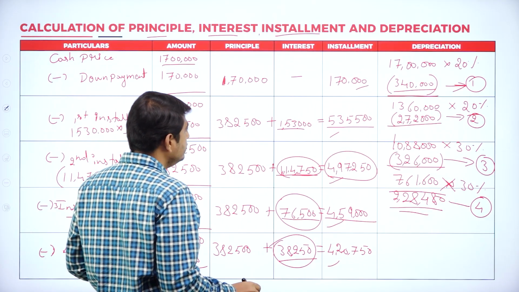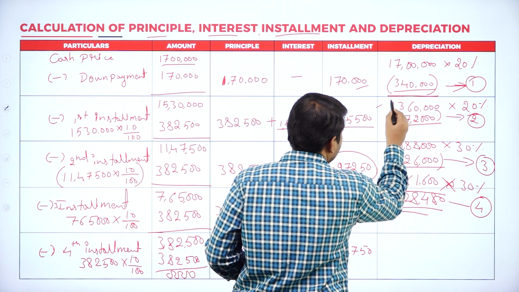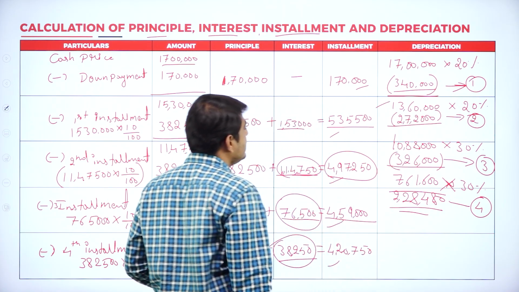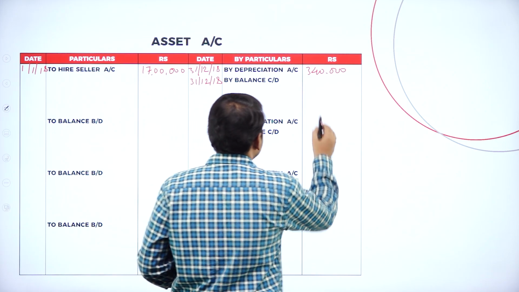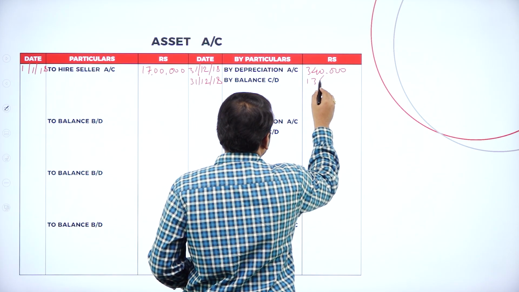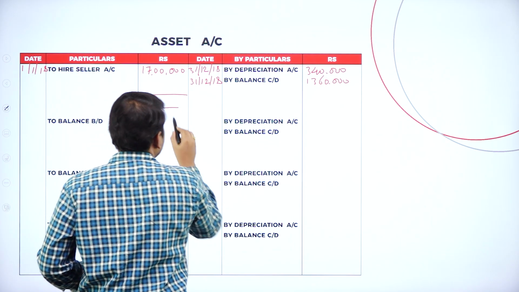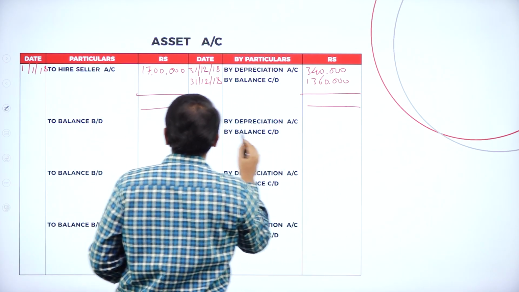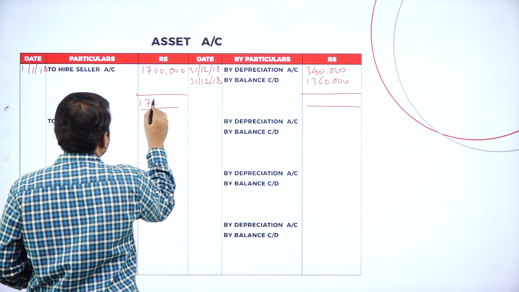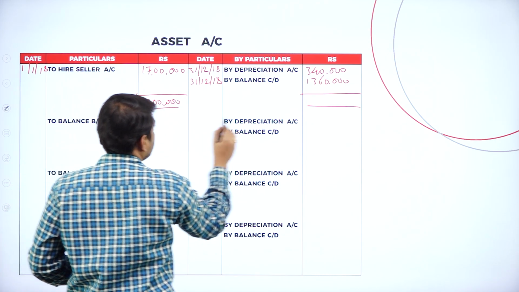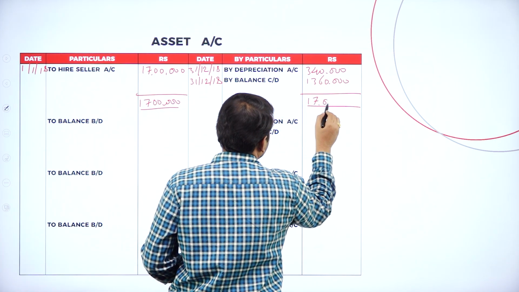We'll check here. 13,60,000 is the remaining balance. So if you tally, 17 lakh here and 17 lakh here also.